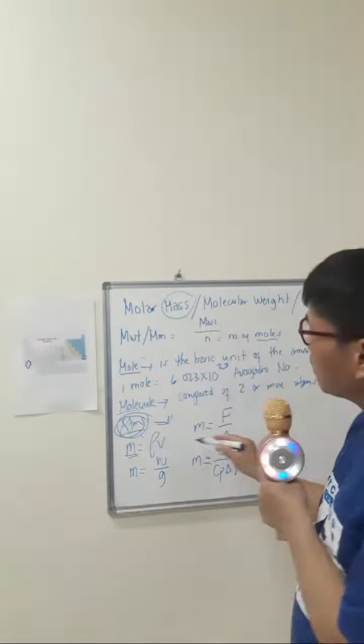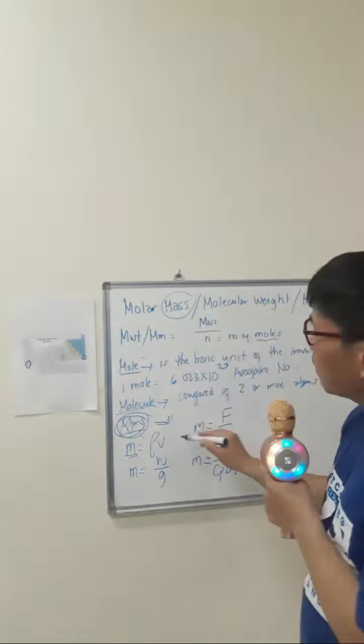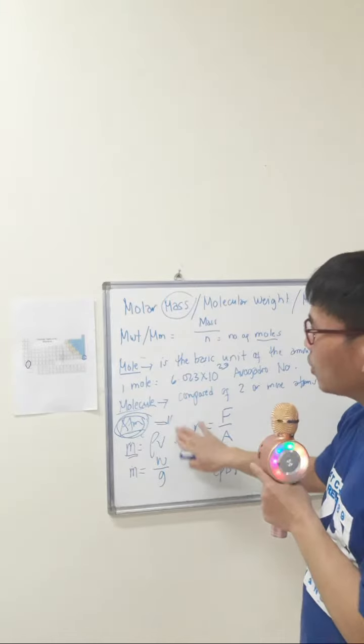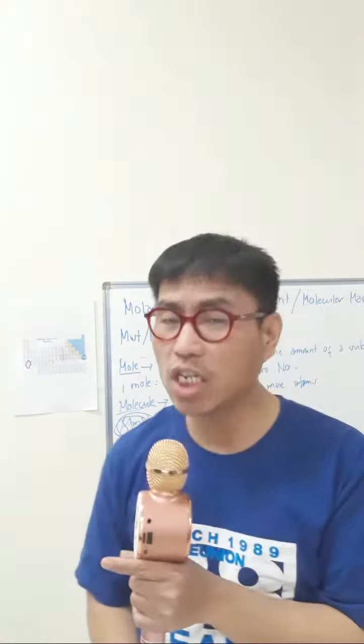Mass, equation number 1, density times the volume. But I have to add another one, which is in terms of the kinetic energy. So mass is equal to kinetic energy over 1/2 v squared.